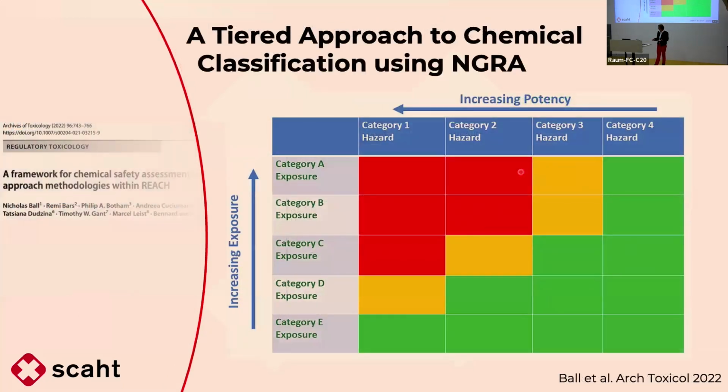And this is taking into consideration increasing potency and increasing exposure. So in the end, it's not that different from the tonnage and the hazard that we are looking at right now. You just have to get used to that the methods are really different, and you have to try and find and understand how can we bridge the issues that the regulators have right now by using these new methods.